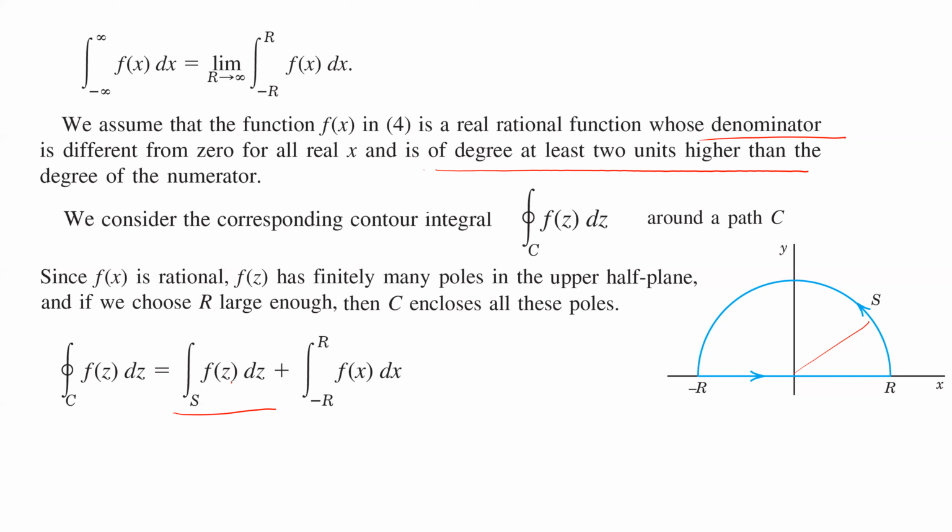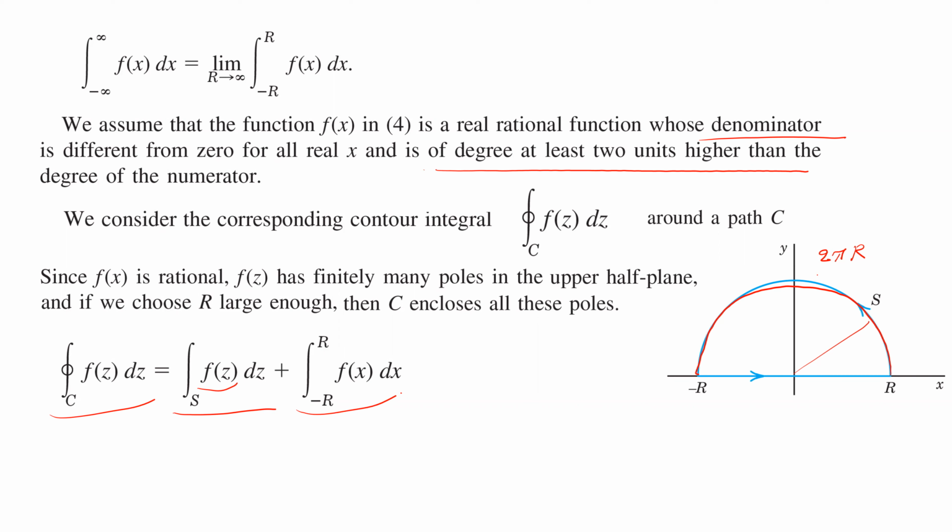And because you take the integral over this circle, the size of this circle goes to infinity by 2 pi r, but the function goes to 0 by 1 over r squared. So that goes to 0, right? So this integral becomes just this real integral.